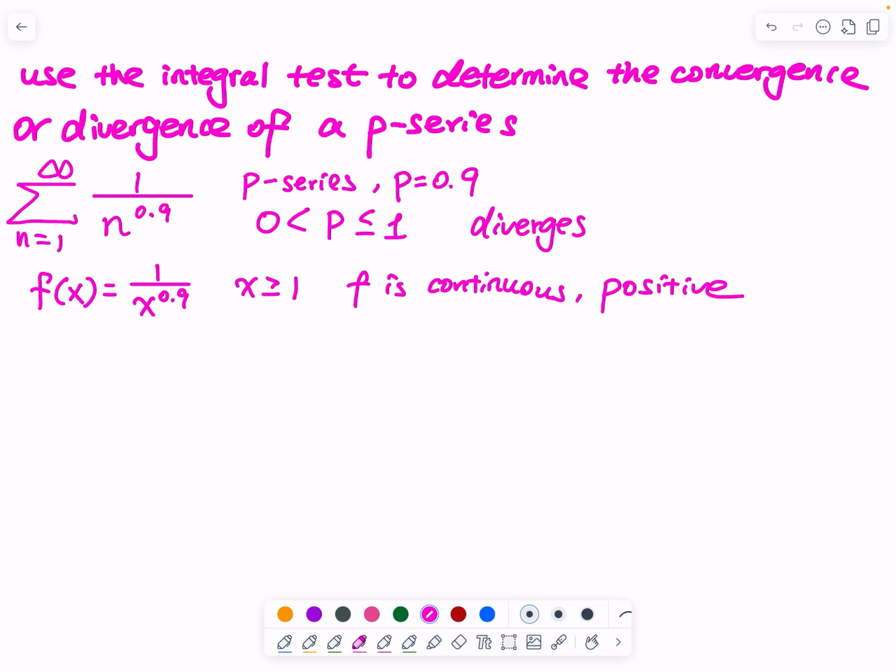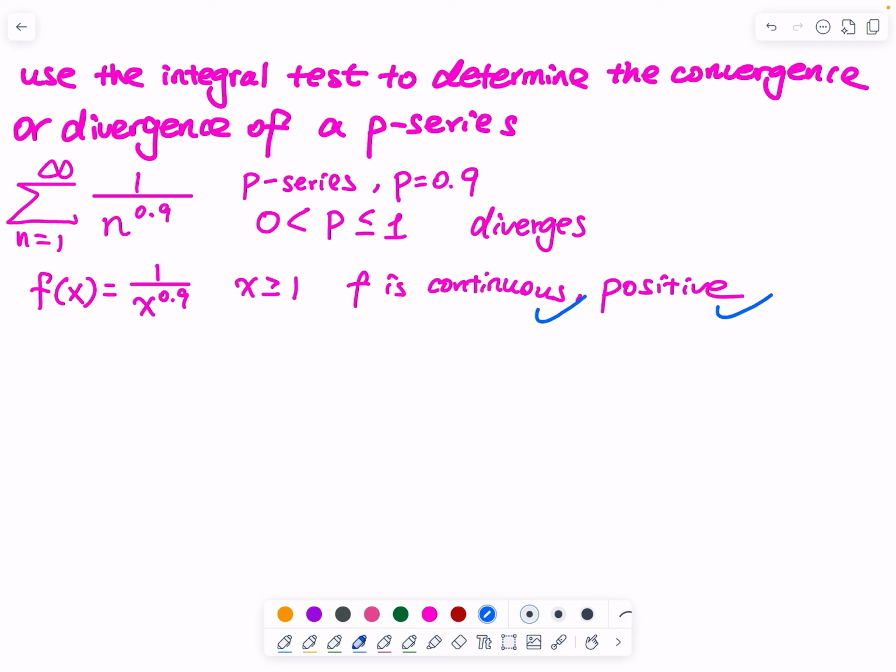Is this true? The function is continuous as long as x is greater than or equal to 1. I don't see any vertical asymptote, and I don't see any x value that makes the function undefined. So the function is continuous, and positive: a positive base raised to 0.9 is positive, and 1 divided by that is positive.